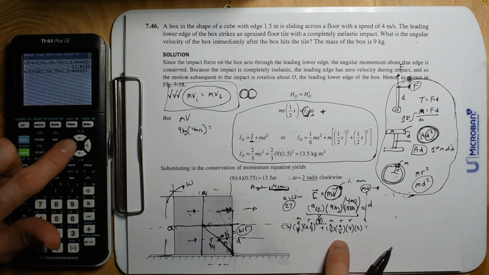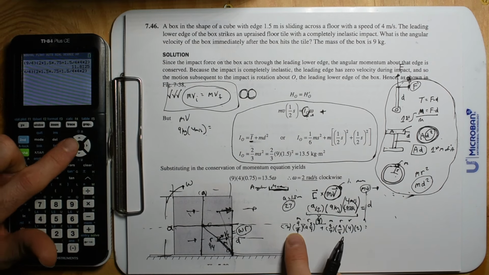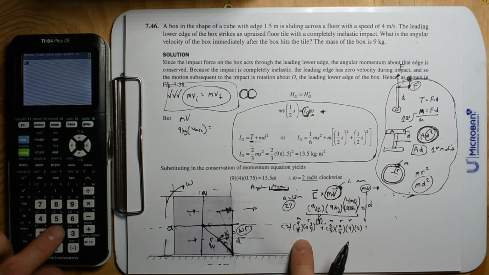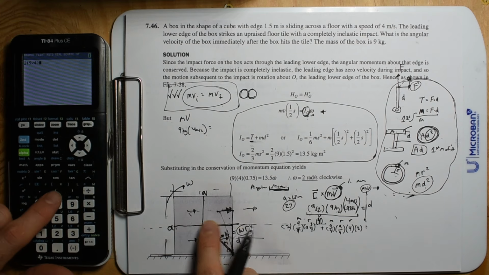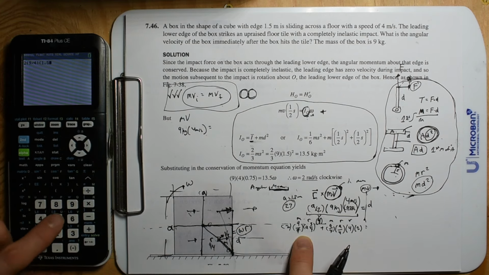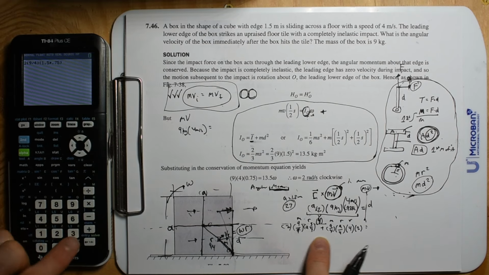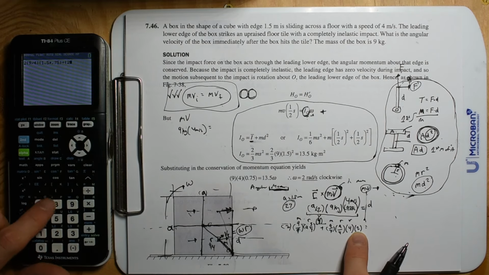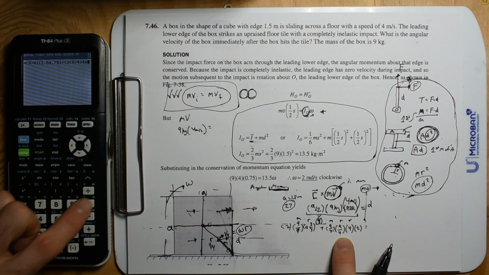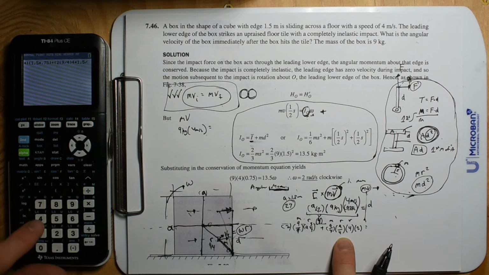Oh, how did I mess this up? We'll try it one more time. We have 2 of these, and they're both 9 divided by 4, that's the mass, times 1.5 times 0.75, and then we're going to add 2 of these, times 9 divided by 4, times 4, times 1.5 divided by 4.